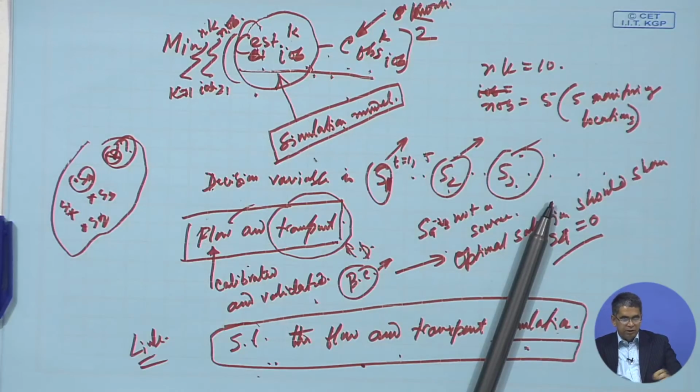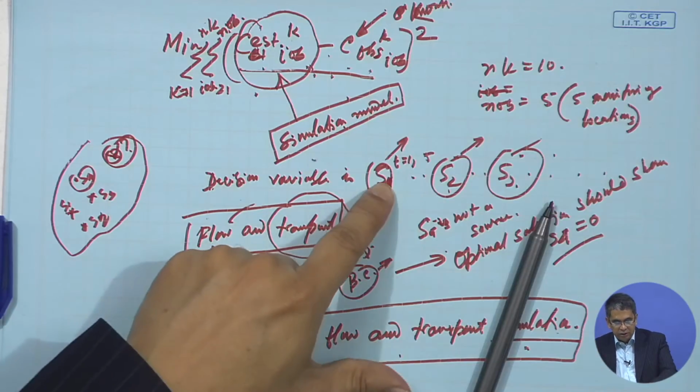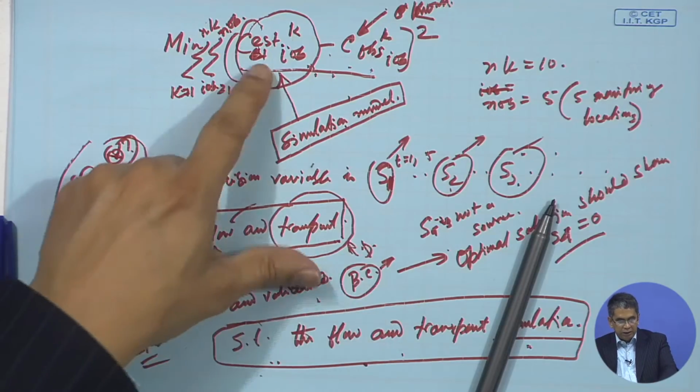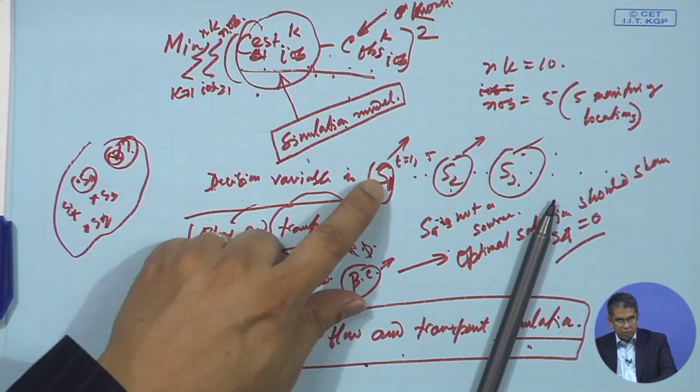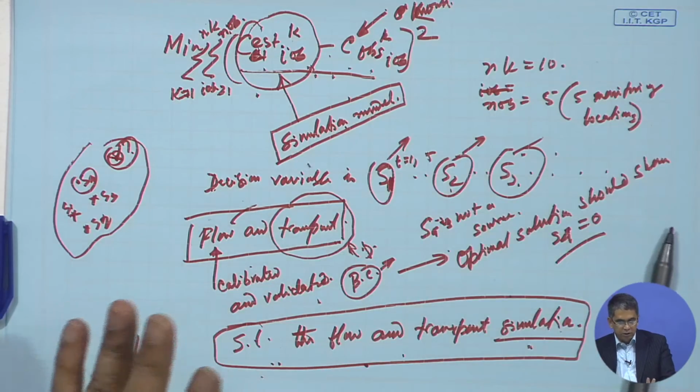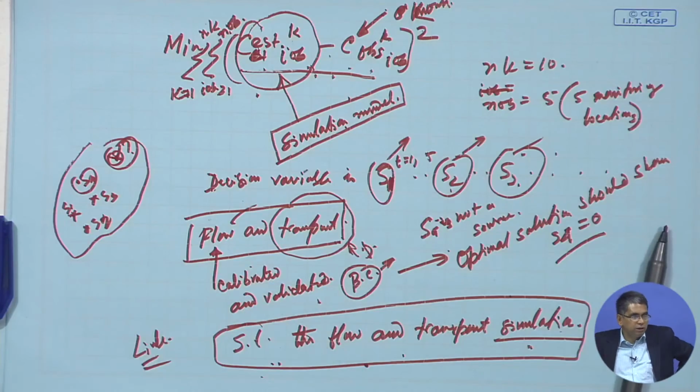When you have minimized this, more or less you are getting the fit, and for that scenario, what are the values of S1, S2, S3, S4, whatever it is, the possible sources. So, that is the source identification model.